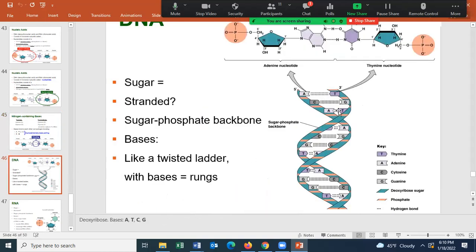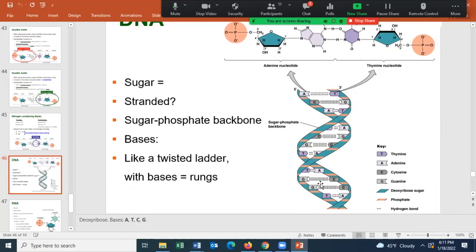Now, if the only link holding DNA together is a hydrogen bond, and I've already mentioned that hydrogen bonds are very weak, and especially in a liquid like our body, it's mostly liquid, and at our body temperature, which is 37 degrees Celsius, a hydrogen bond breaks and reforms all the time.